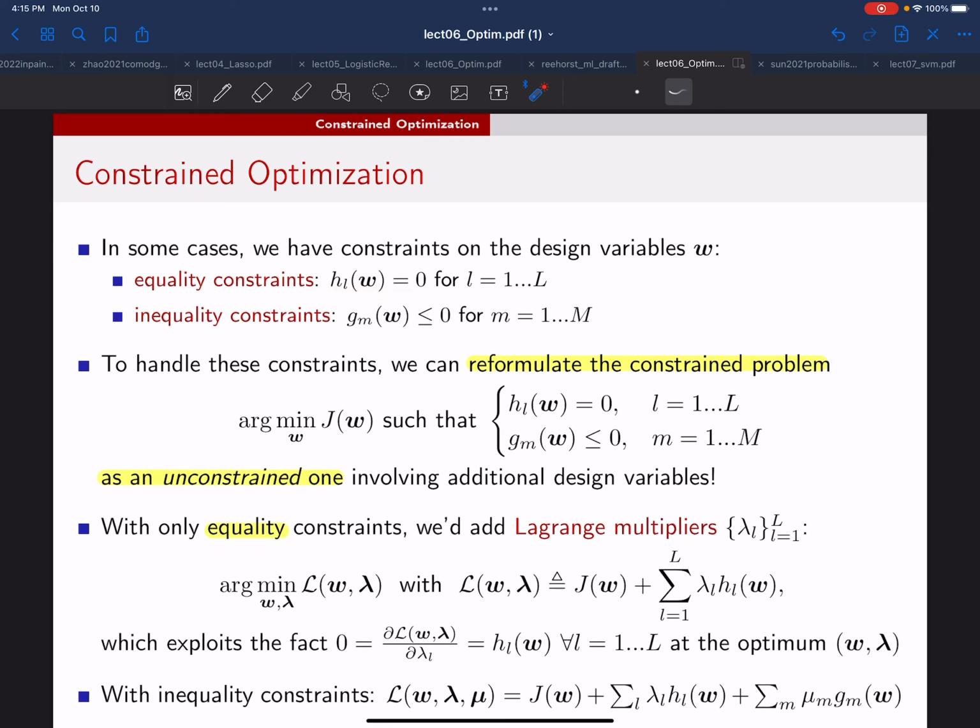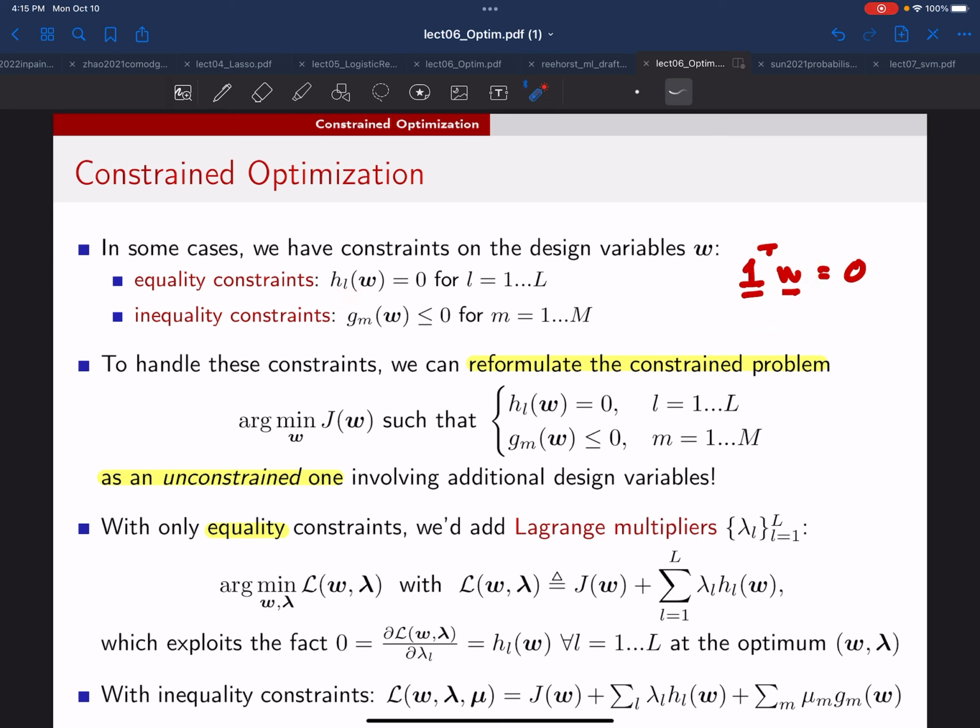Like if you say, for example, that all the W's have to add up to 0, like some are positive, some are negative, they all have to balance out, then that would basically be the ones vector transpose W equals 0, right? Because that ones vector just sums all the terms. So if that was your only constraint, you would just have capital L equals 1, and this would be your function h of L.